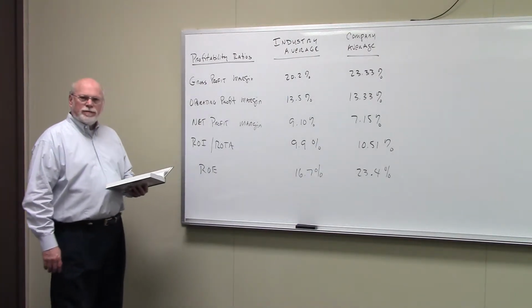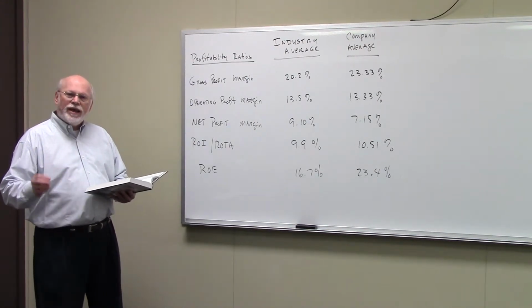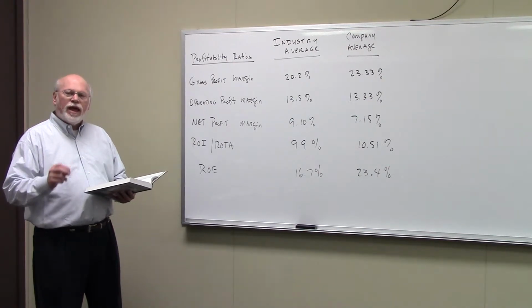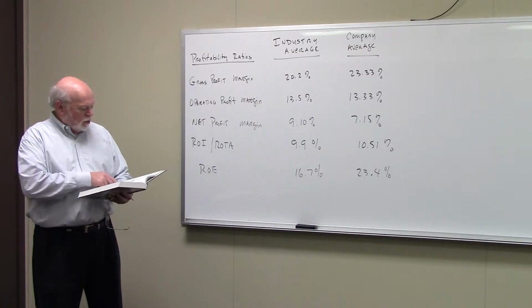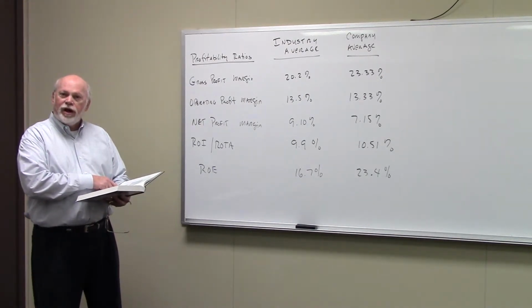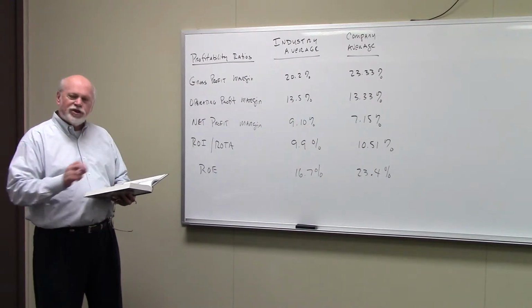Net profit margin. This is further down the income statement now. We're going to use net profit or net income and divide that by sales. And in this case, for Fox Manufacturing, when you look at net profit down there, you find $42,900. So they made $42,900 in net profit off revenue of $600,000.